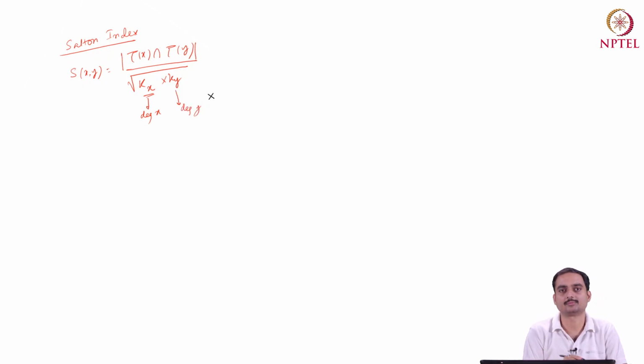This is again another way of normalizing the common neighborhood. The numerator is the same as the Jaccard coefficient, but the denominator is different. Here the denominator is essentially the degree.